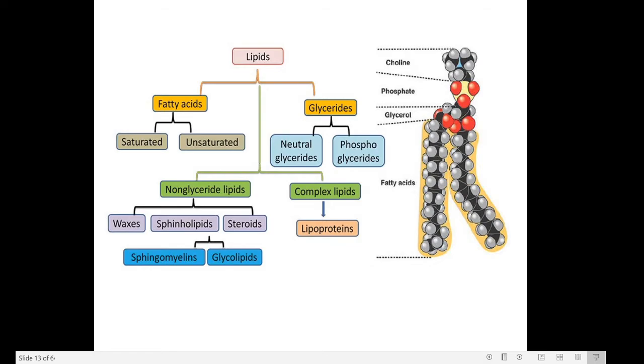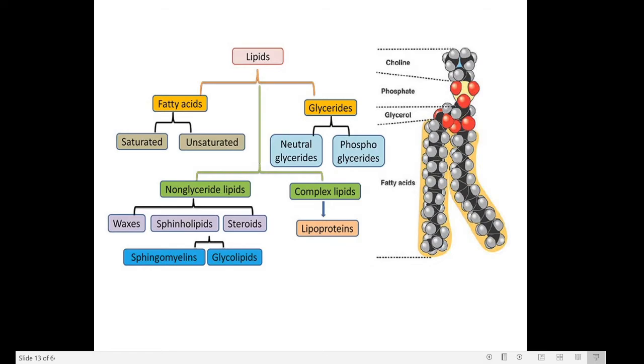So every cell has lipid. Lipid has two different types, fatty acids and glycerides. Fatty acids are saturated and non-saturated fatty acids. Those saturated fatty acids are highly present in our human body.